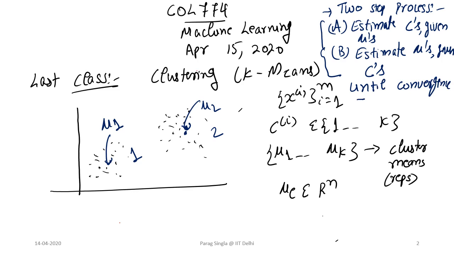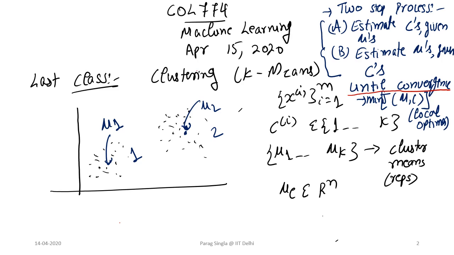And this was guaranteed, or at least we stated, that this converges to the local optima of J(mu, C). So if you wanted to minimize this function, then the above algorithm converges to the local optima of this function. So this was our idea.